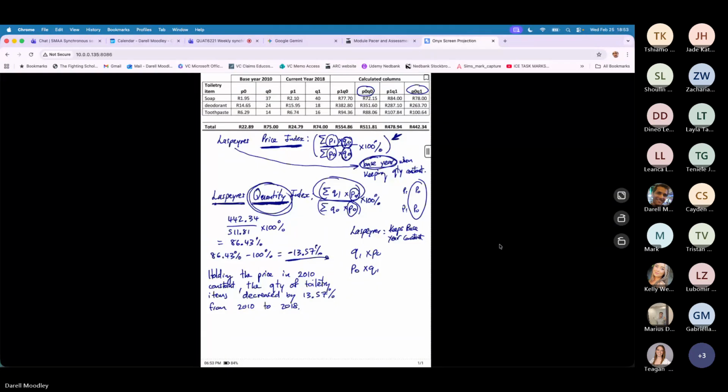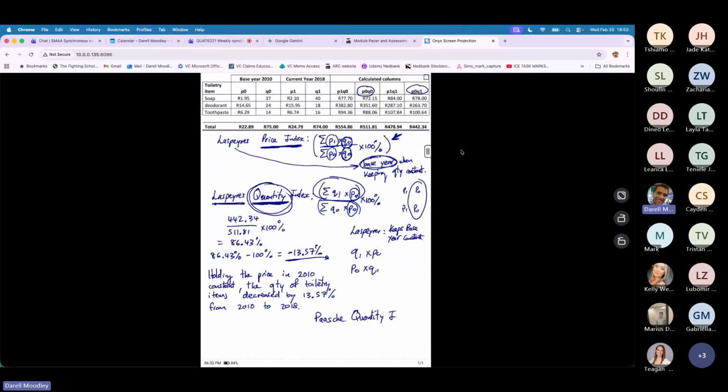Okay, I hope that makes sense. As an exercise, I would like you to work out the Paasche quantity index. I'll write the answer so you can just work towards it.